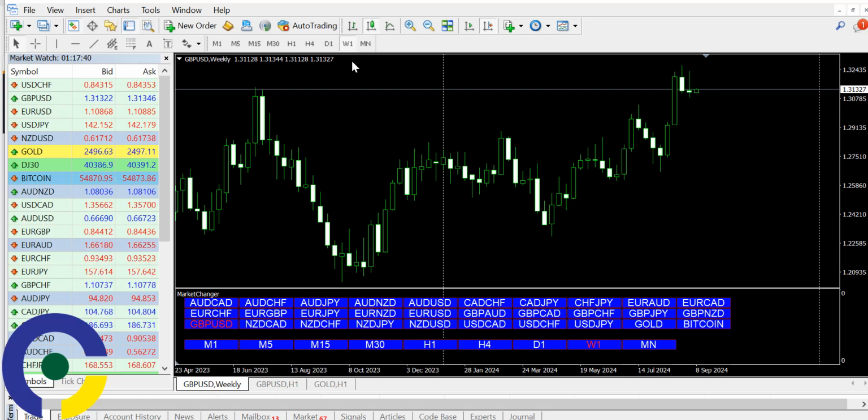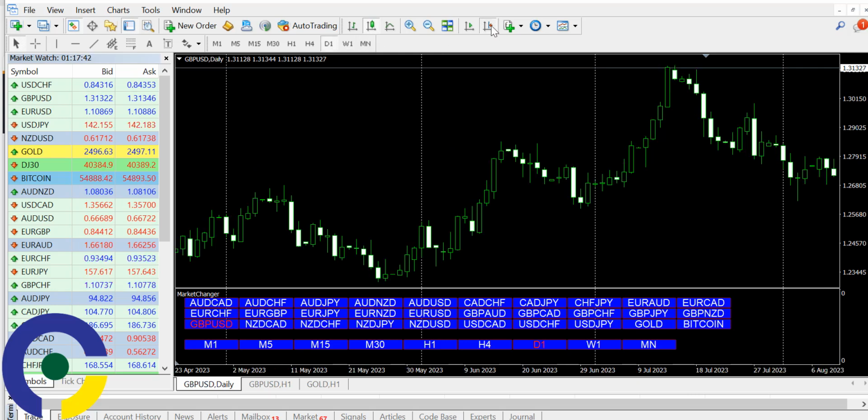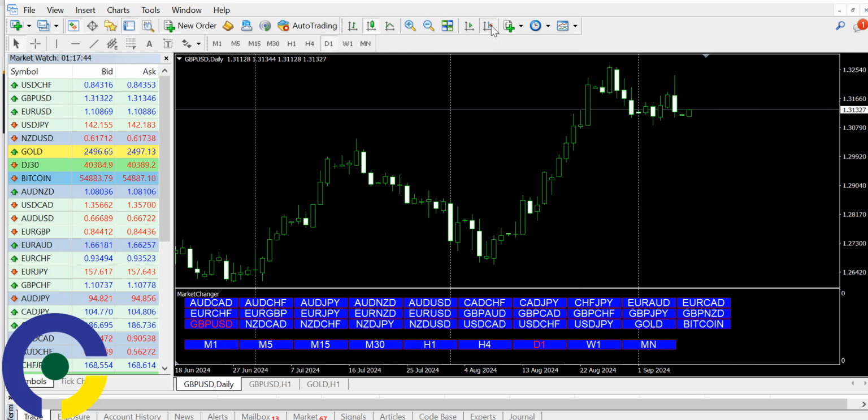If you adjust this to the daily time frame and make a few confirmations, you also see that for Friday, it actually was a clearly bearish signal. But then the market has resumed and is still pushing back up.